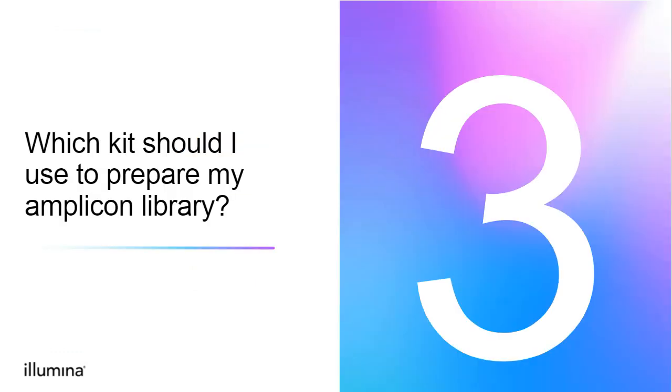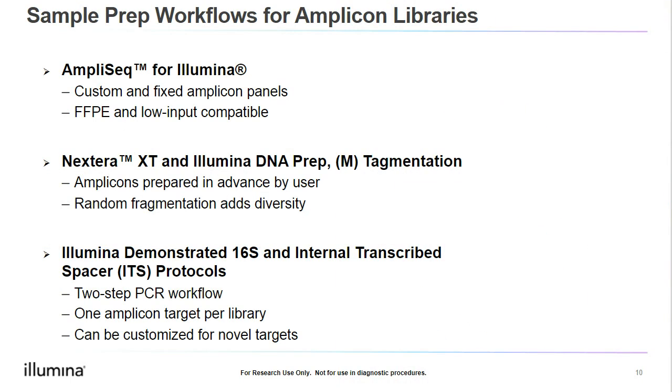Now, which kits or workflows can we use to prepare amplicon libraries? We will discuss 3 methods today for amplicon library generation, and after each, I will include some resources for more information. The first workflow is AmpliSeq for Illumina. AmpliSeq for Illumina allows for both custom and fixed panel options, and it is compatible with low input integrated samples.